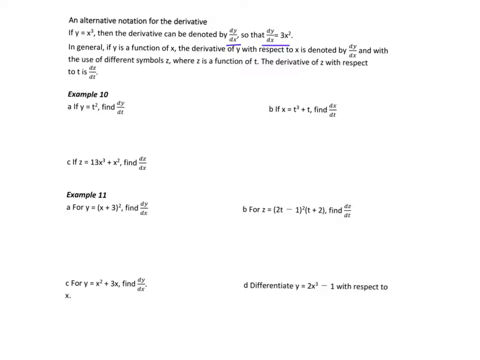If they were in terms of, say, for example, t in this first one, then we're looking for dy dt. That means differentiate y with respect to t. So dy dt for this one, okay, we're treating it exactly the same way as the x. Drop the 2 down in front and decrease the power by 1, so it would become 2t.